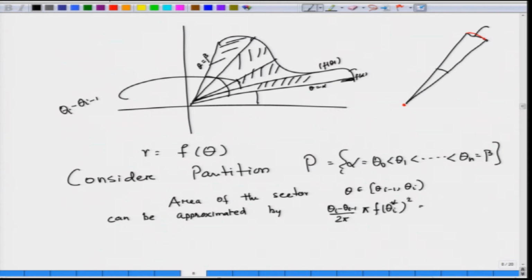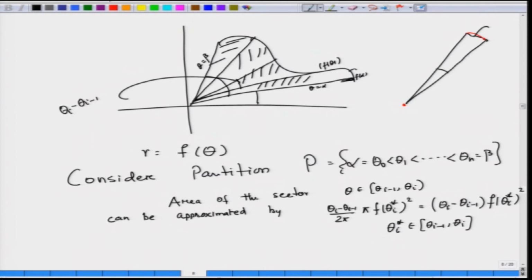So, this comes out to be half of theta i minus theta i minus 1 times f of theta i star square, where theta i star belongs to anything between this. So far so good.